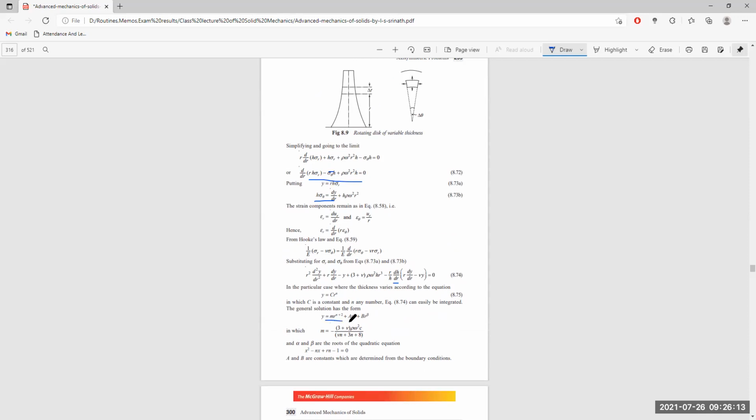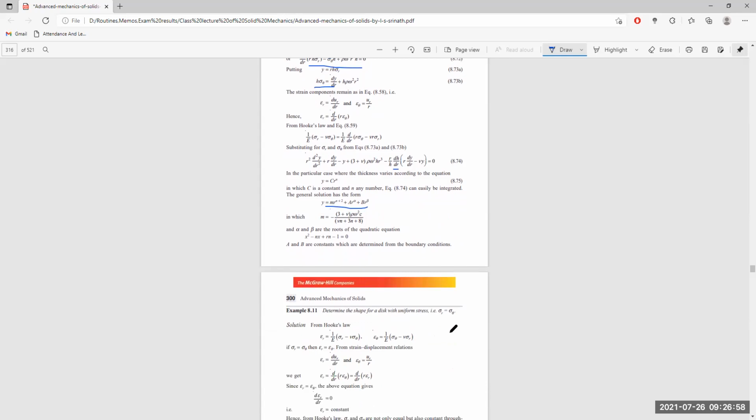Y we have already introduced with sigma r, h, and radius, in which m is n c plus mu rho omega square into c divided by mu into n, 3 into n plus a. N can be any number, right? Alpha and beta are the roots of the quadratic equation x square minus nx plus rn is equal to rn minus 1 is equal to 0. A and b are the constants here, which are determined from the boundary condition itself.